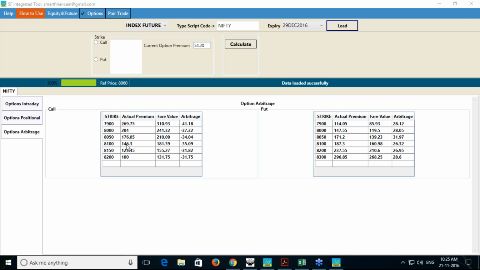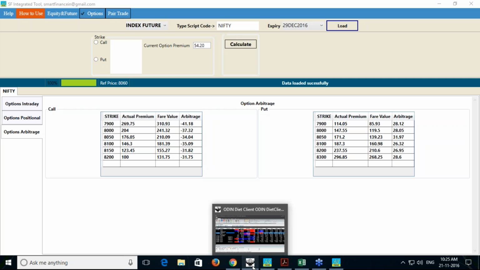For that you need to learn a little bit about option strategy and get expertise in it, planning a complex option strategy to convert it to profit. And these arbitrage positions are also called riskless trading. You can use it for intraday and also for positional.